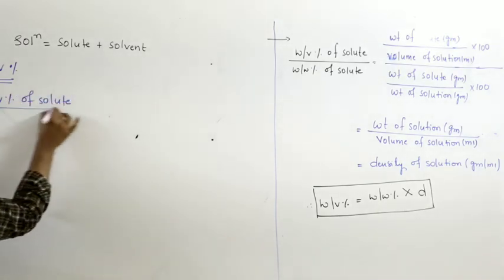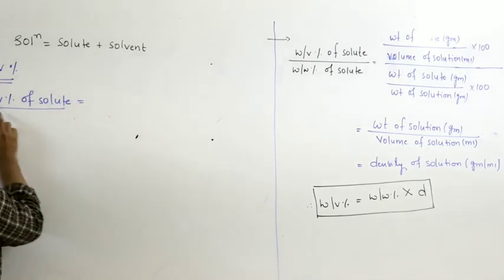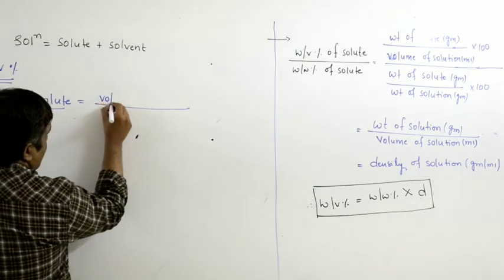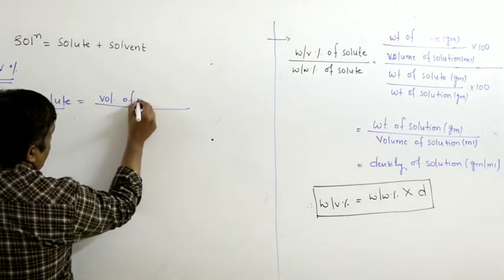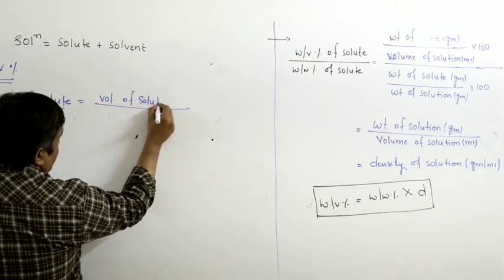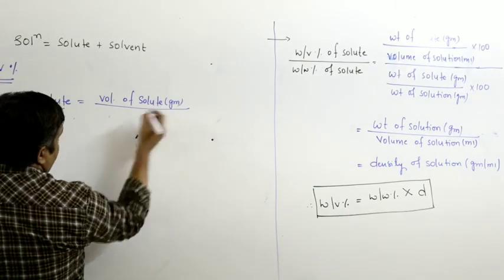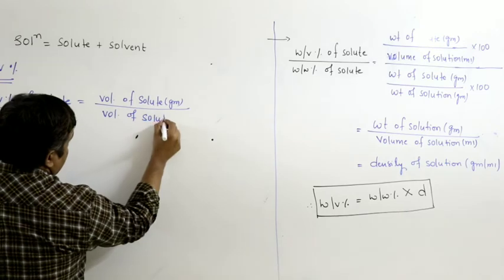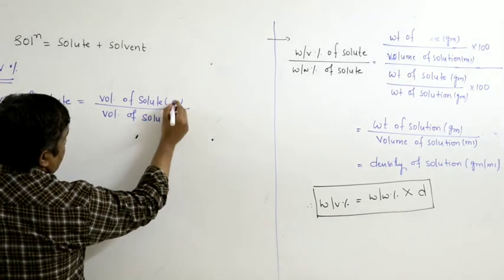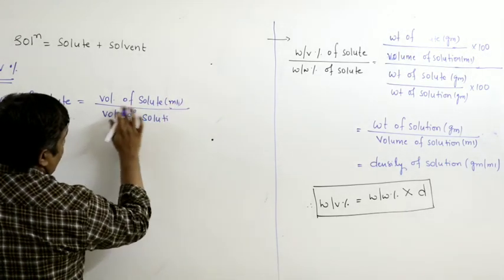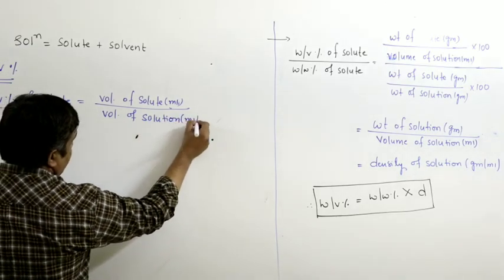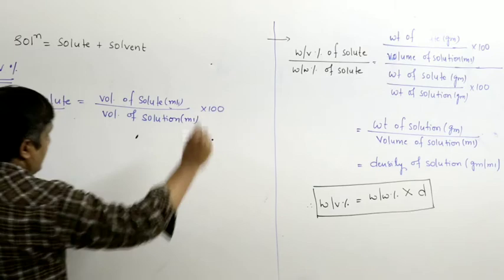Volume by volume percentage of solute equals volume of solute in ml by volume of solution in ml into 100.